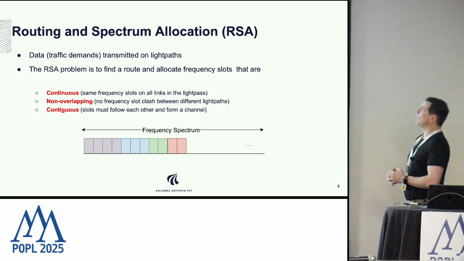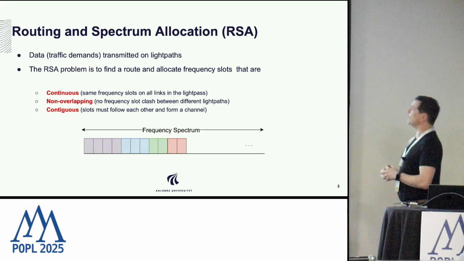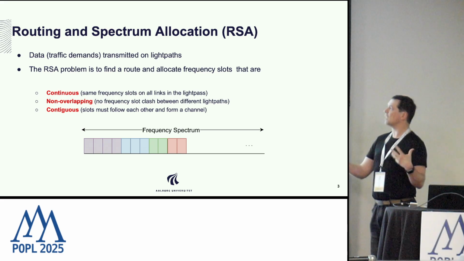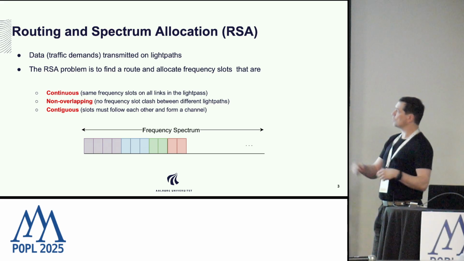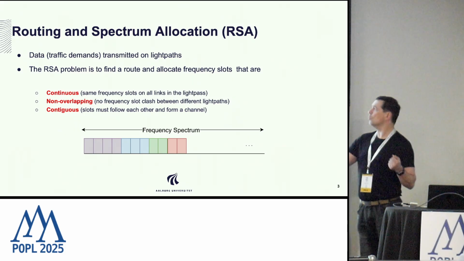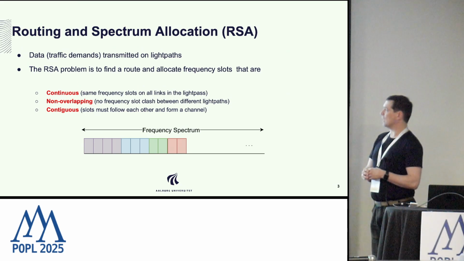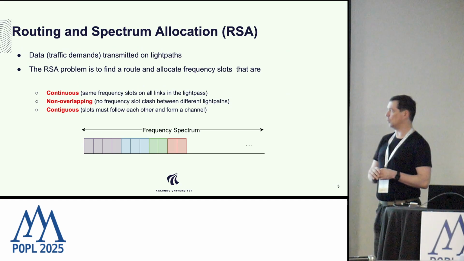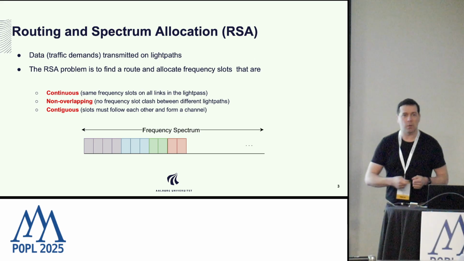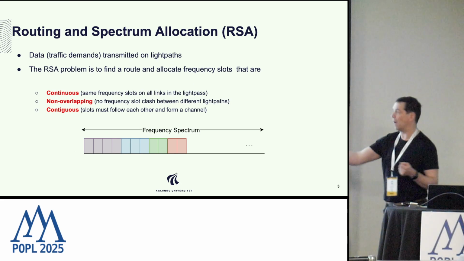So the routing and spectrum allocation problem is that we assume we have a number of traffic demands that transmit the data across the light path. And for every light path, we need to find a route and allocate the frequency slot that satisfies three conditions. So first, it has to be continuous. So we have to use the same frequency slots along the whole path.